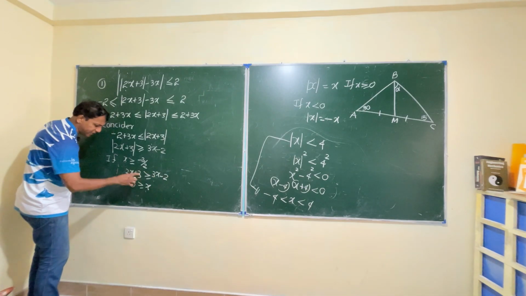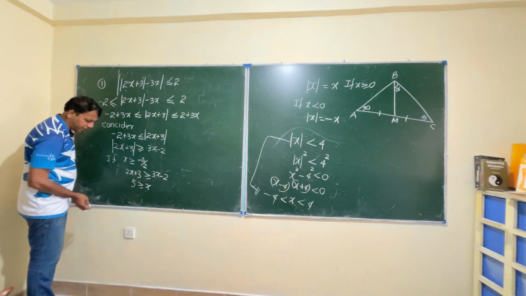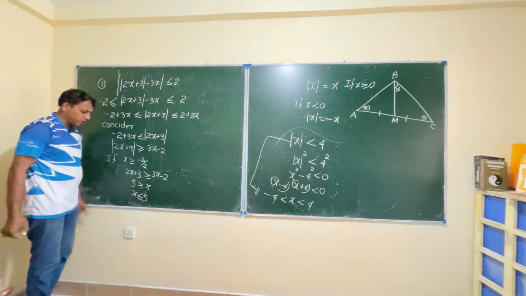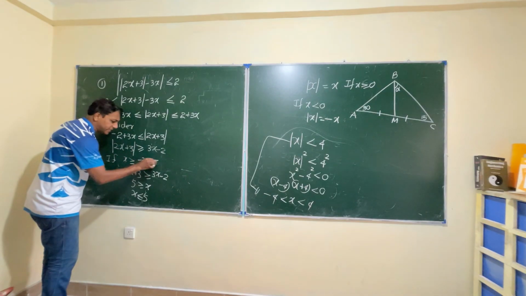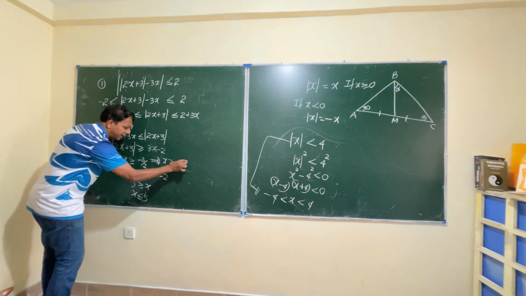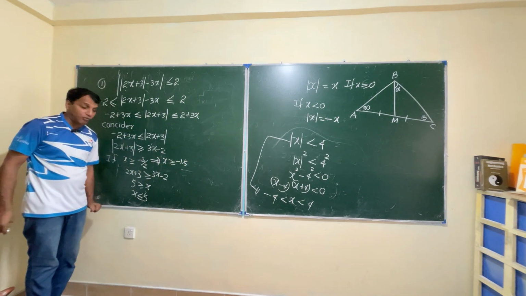This is an unedited video. So x less than or equal 5. What is this actually? x greater or equal minus 1.5.